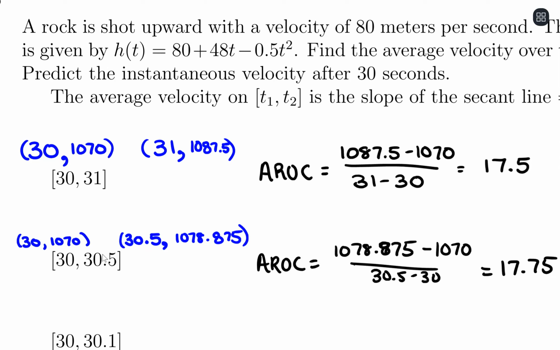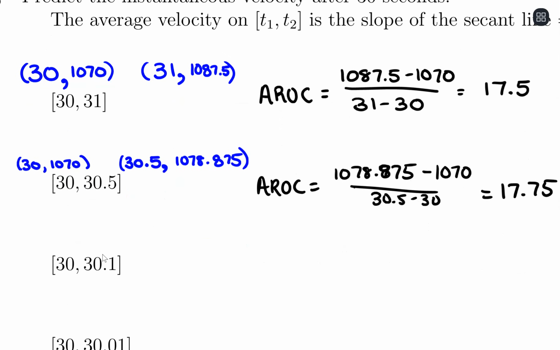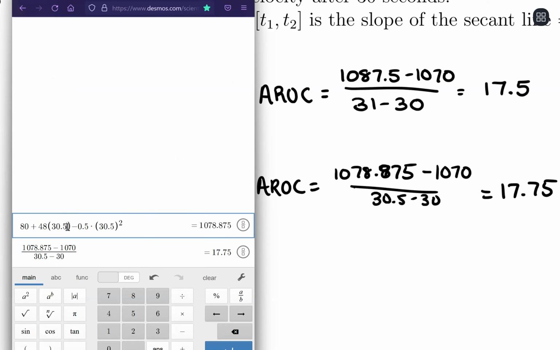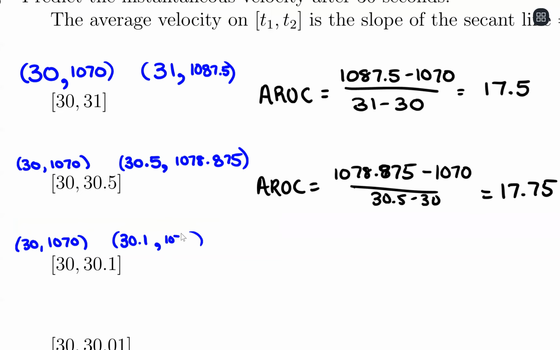But let's say that was also too far away, so we want to scoot a little bit closer. We still have 30, 1070, but now our next x-coordinate is going to be 30.1. Let's see what our output is when we have 30.1. That's 1071.795.